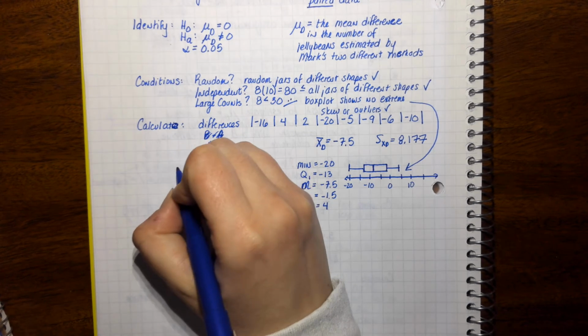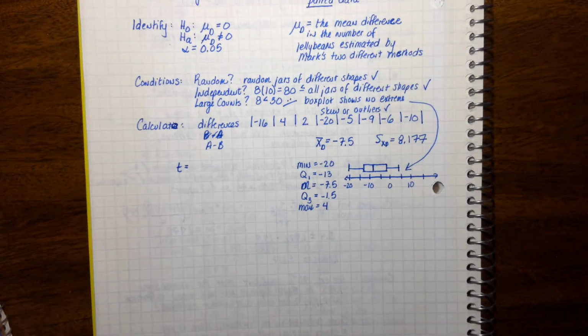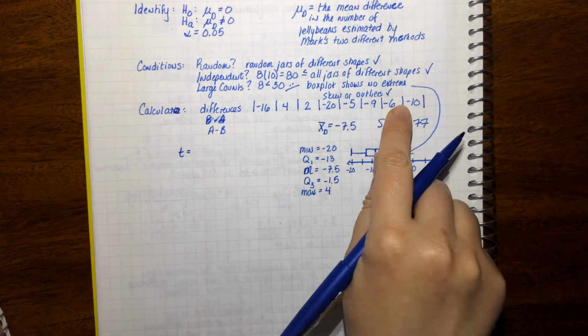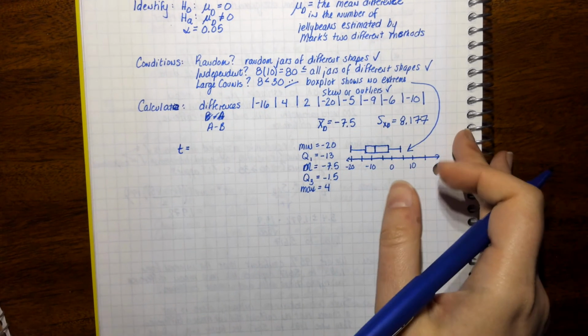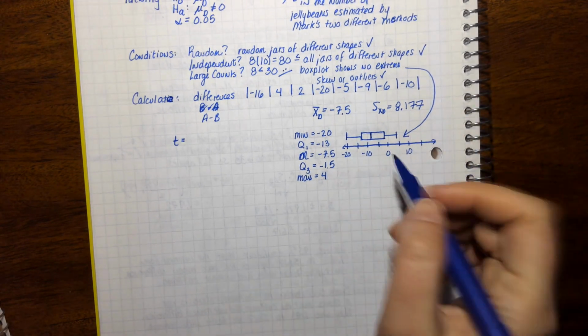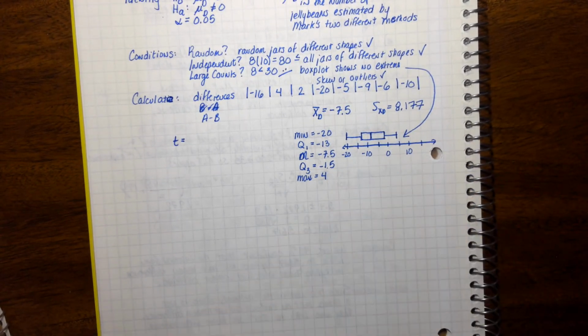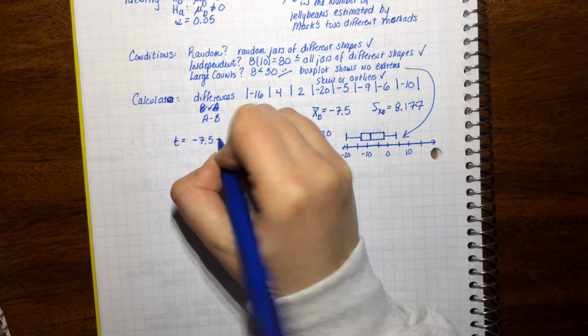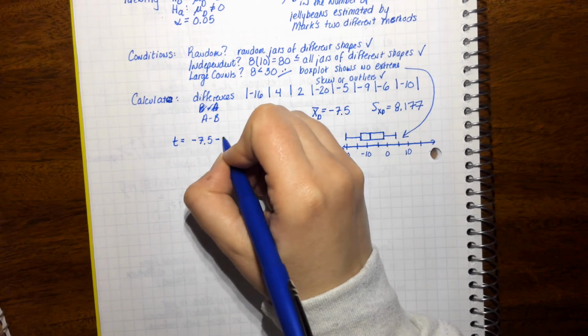So I'm doing a hypothesis test. T equals, why am I using T? Well, that's because I have sample standard deviation. I have sample information. I don't have any information about the population of estimated jelly beans. Okay, so statistic minus parameter.